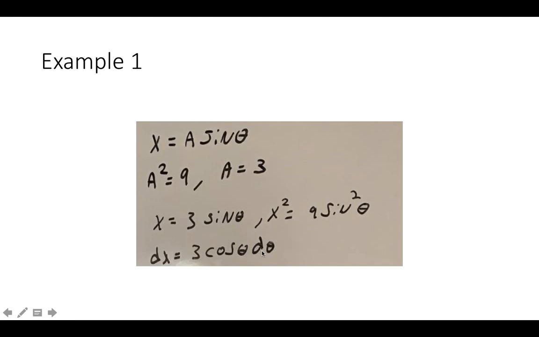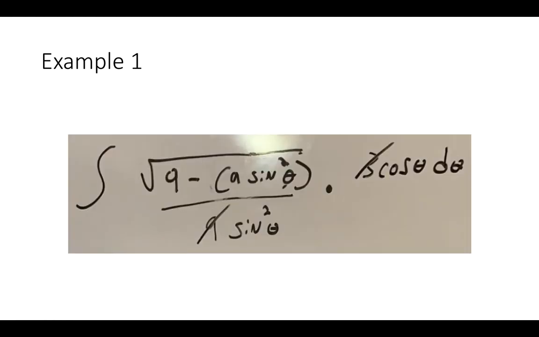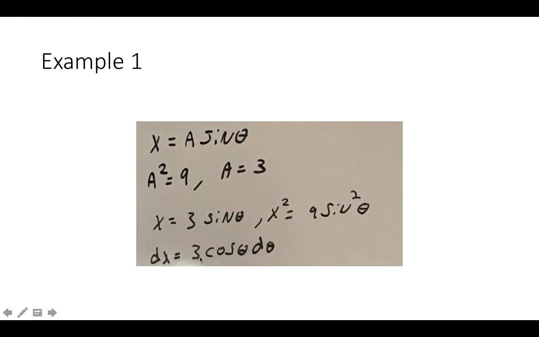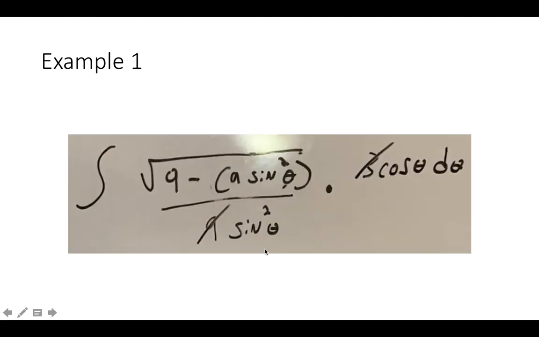All right, so now let's plug our information in. We'll get 9 minus x squared, and like we said, x squared was this value, so we plug it in. X squared over here is the same thing, and our dx, we said, was 3 cosine theta d theta. As you can see, I simplified it a bit.